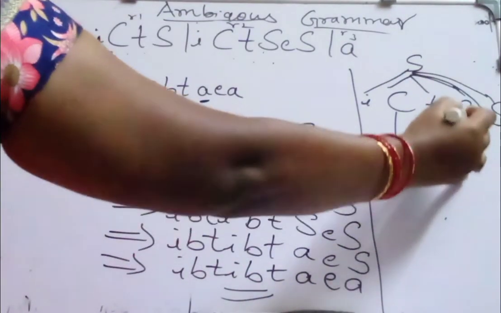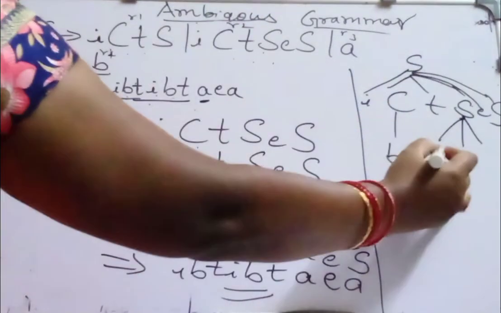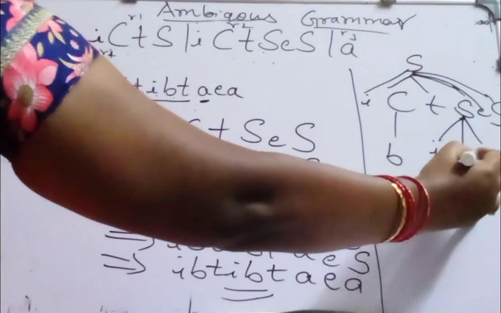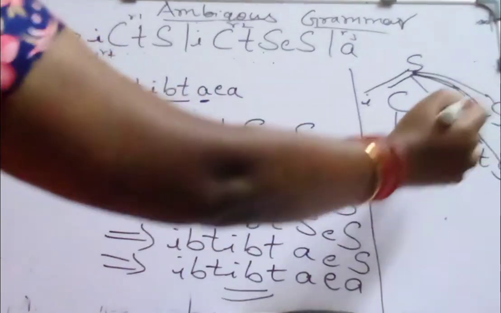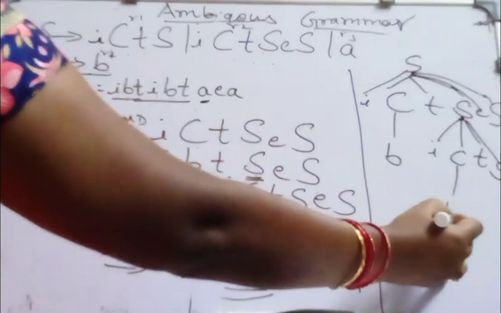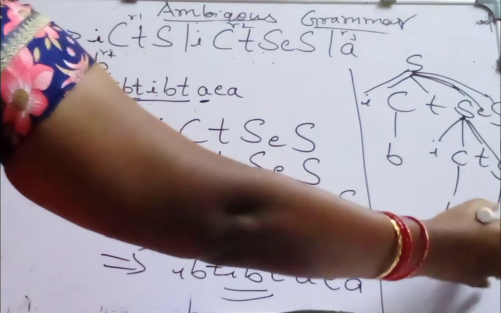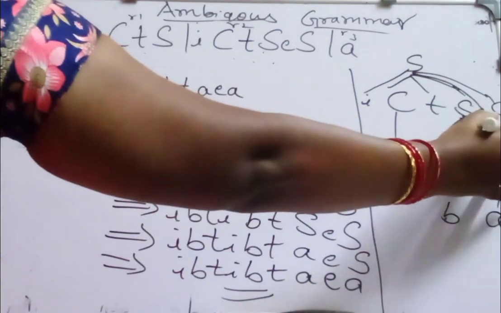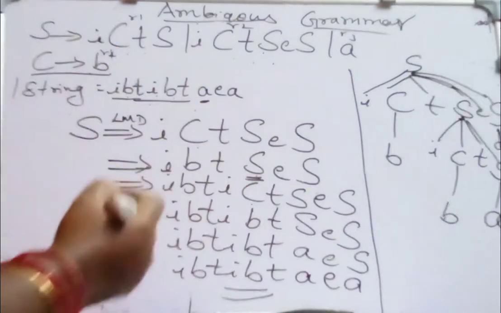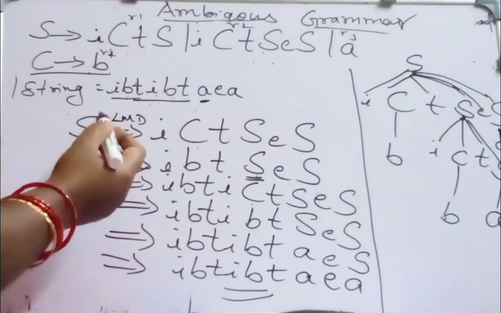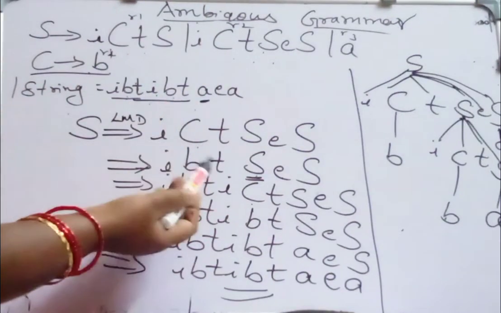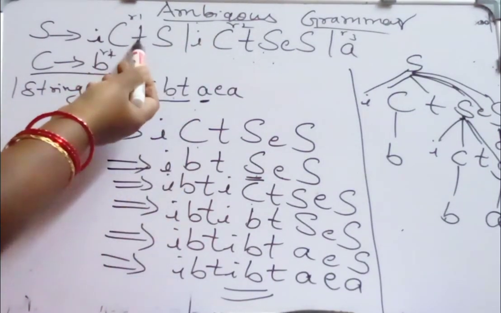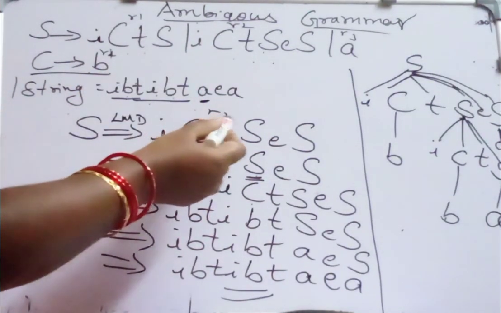For this S, we took rule number 1, iCtS. We have eS there, and for C we substituted b, and for S we substituted a, and for this S non-terminal we substituted a. So if you consider the two different parse trees, in the previous we derived using rule number 1 and now we derived using rule number 2.